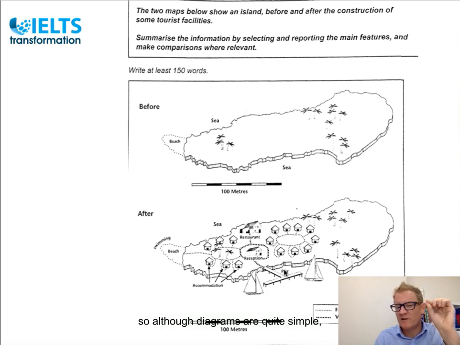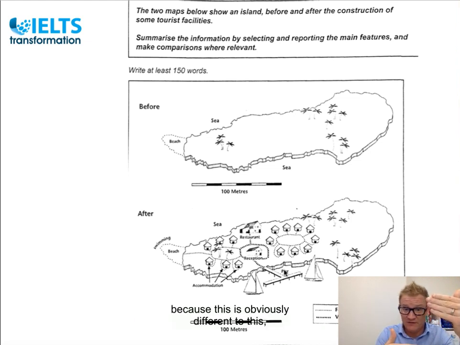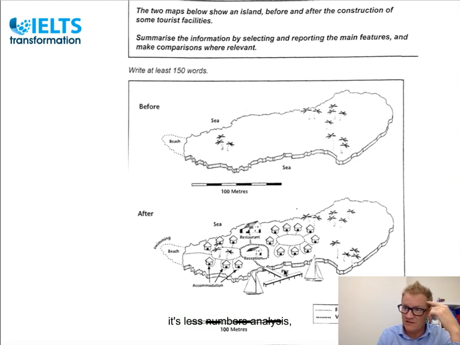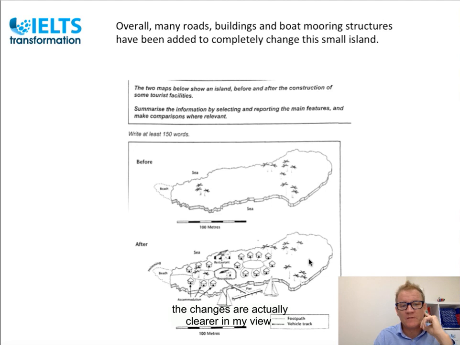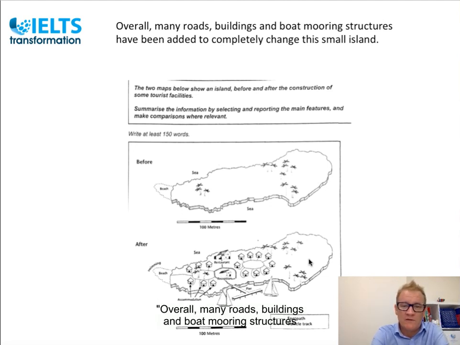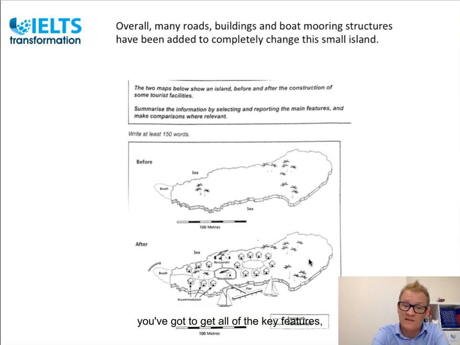So although diagrams are quite simple, because this is obviously different to this, it's less numbers analysis, the changes are actually clearer in my view. Overall, many roads, buildings and boat mooring structures have been added to completely change this small island. Okay, so there's a map. You've got to get all of the key features.